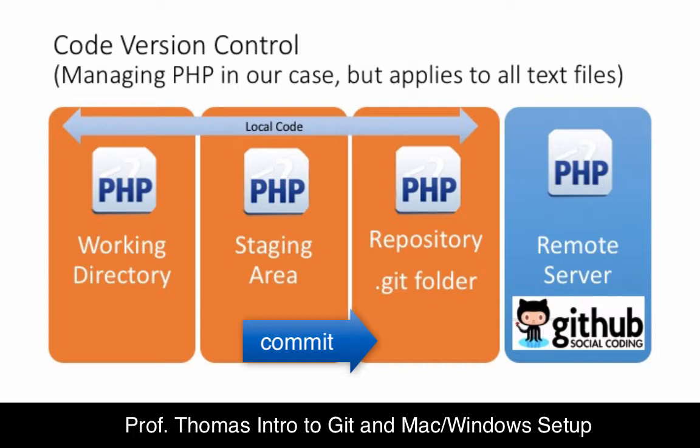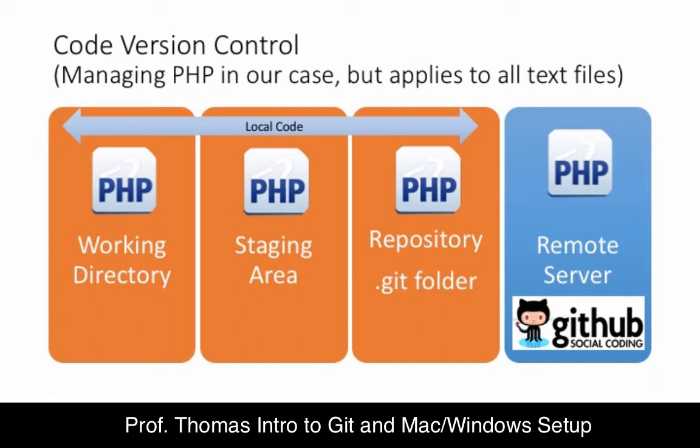And that moves the code from our staging area, takes a picture of it, and actually moves it over into the repository. And the repository is code that we think we're ready to actually send to the remote web server, or if it weren't a web example, it would be an application server or some other remote host. It could even be just a code archive like GitHub.